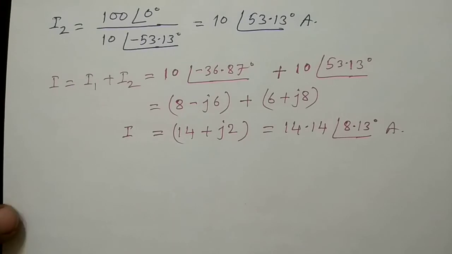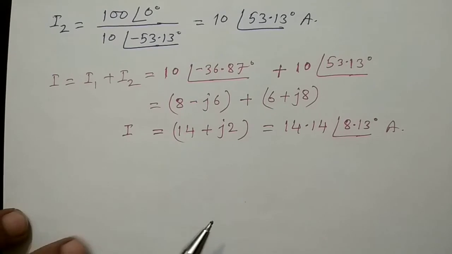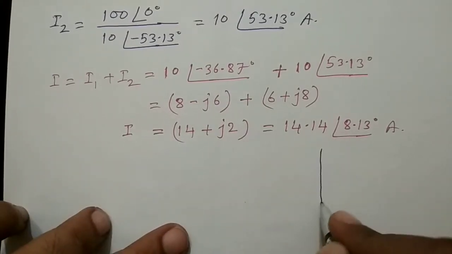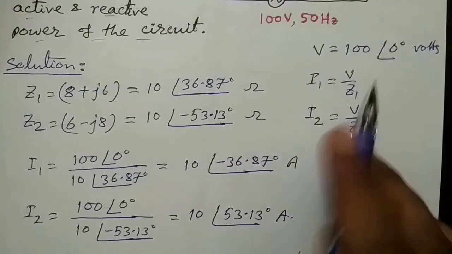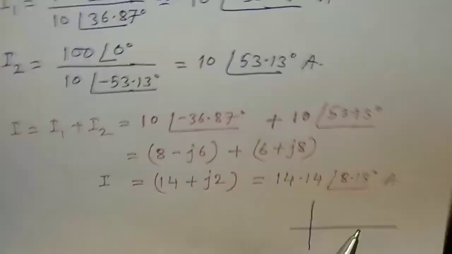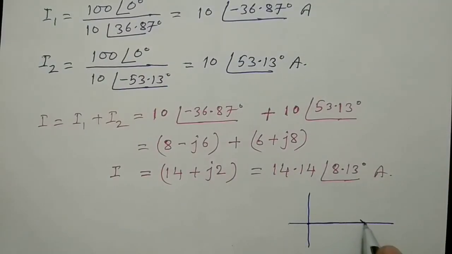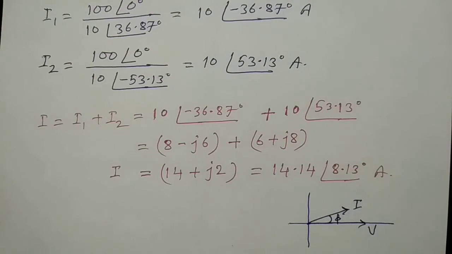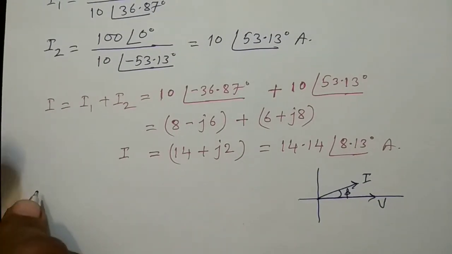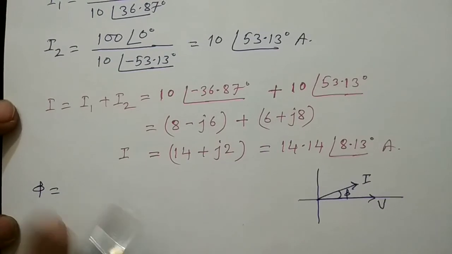Now from there we can draw its phasor diagram, that is the relation between voltage and current. In the phasor diagram, the voltage we have considered is 100 angle 0 degree. So the voltage will be on the reference line, that is V, and the net current is 14.14 angle 8.13 degree. So the current will be in the first quadrant, and this angle phi will be 8.13 degree. Here phi means the angle between voltage and current.